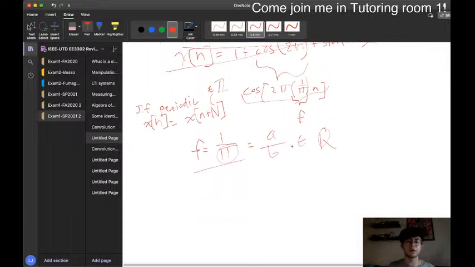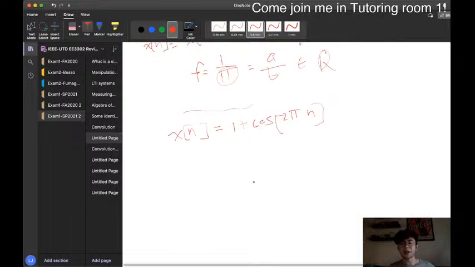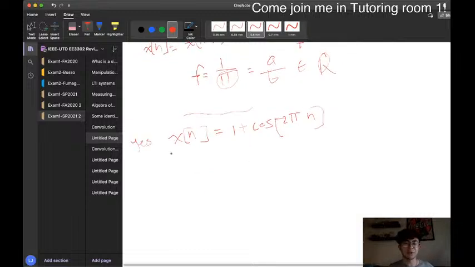Now another question I'm going to ask right quick is, is this one periodic? x of n is equal to 1 plus cosine of 2 pi n. And I'm going to say yes, this one is periodic. Just because if we factor out the same 2 pi, this is, my professor called it the canonical form, I guess, of a sinusoid in discrete time.